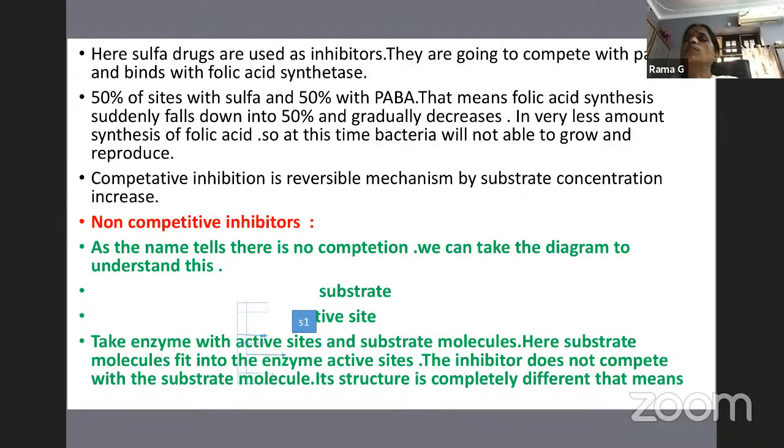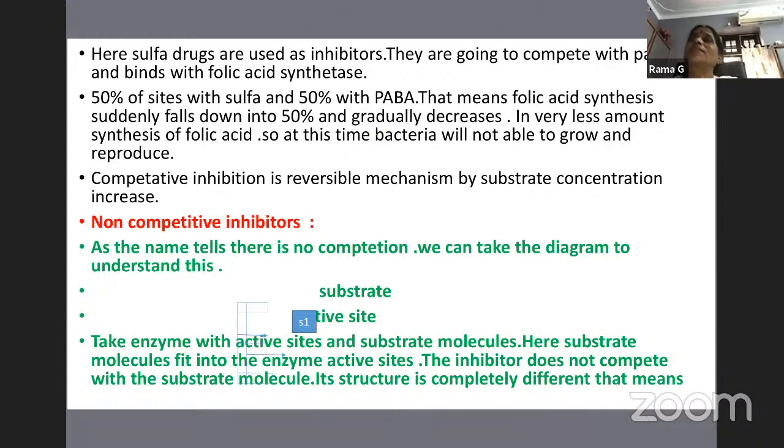Next, non-competitive inhibitors. Here the substrate molecules and inhibitors are both ready to occupy the active sites, but the inhibitors occupy sites other than the active sites of the enzyme. By the binding of these inhibitors with the enzyme, the enzyme undergoes a conformational change.